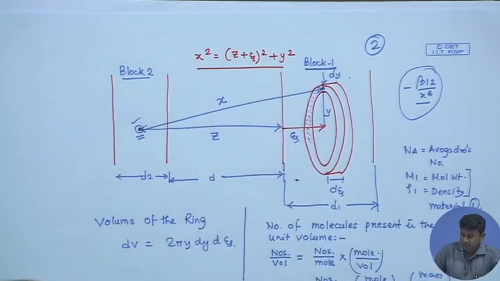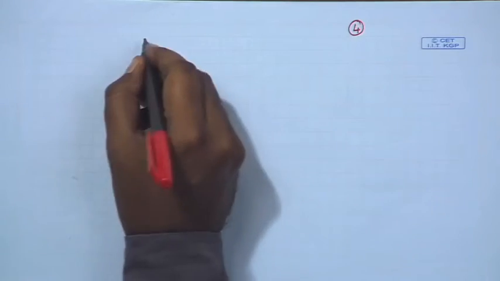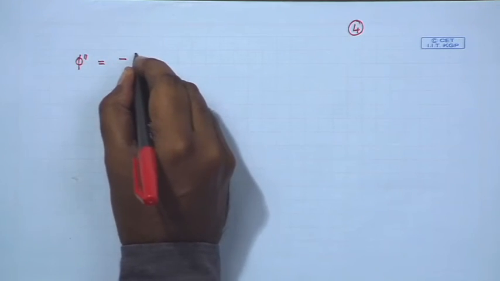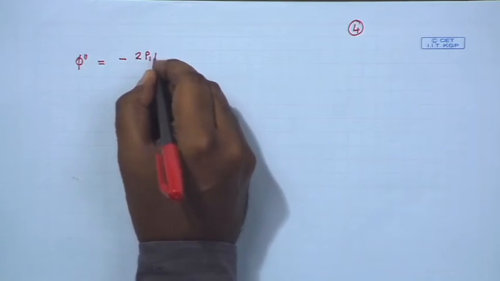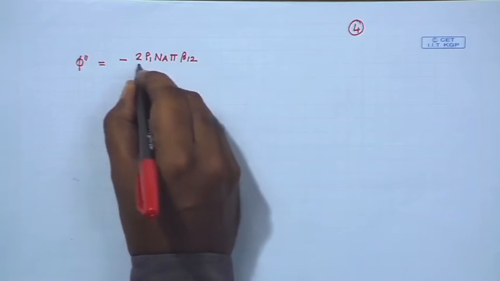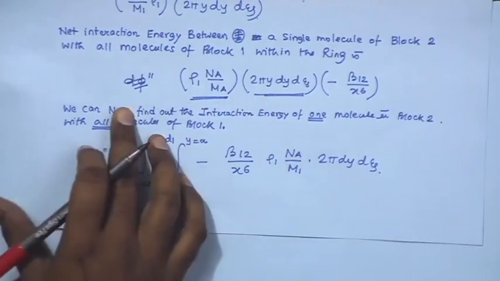This is some simple Pythagoras theorem. So, let us write this as phi double dash. You see this expression for phi double dash, in fact you can write minus rho 1 n a pi beta 1 2 by m1. Those are nothing but the constants, they are coming out.